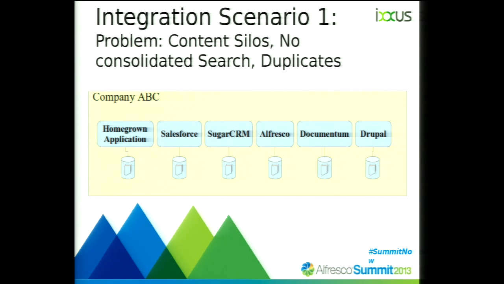We have content silos, so we maybe even have duplicate content in different stores. How are we going to do a consolidated search? If I want all the content for a particular project, how am I going to do that in an easy way?